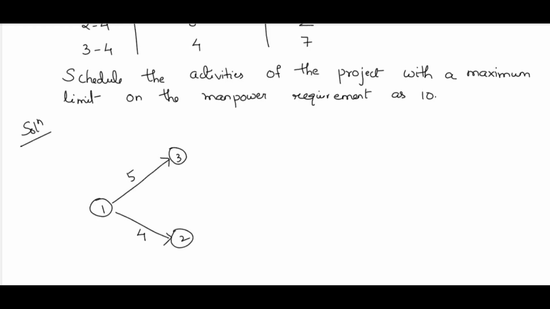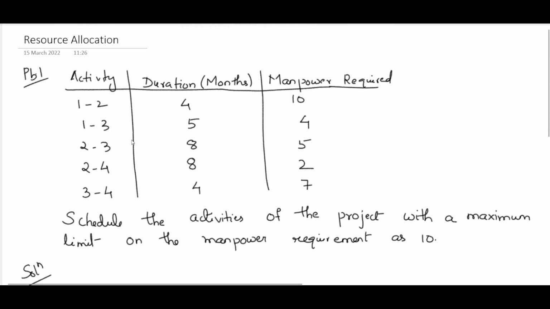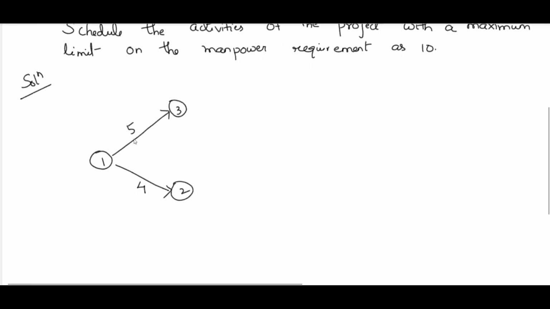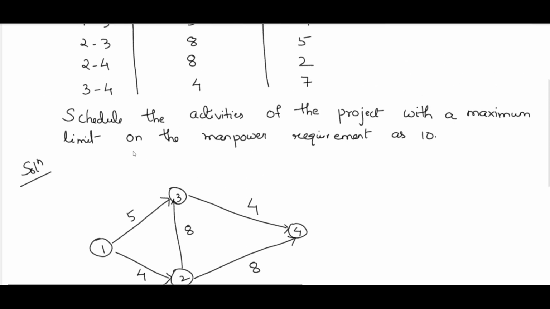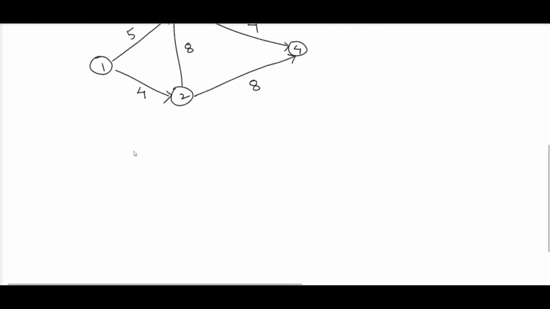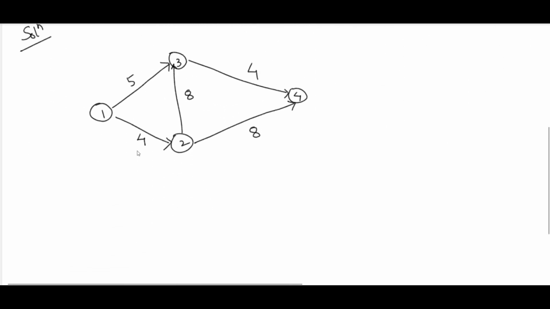This is the time, as in the network we always give the time. Then 2, 3 takes 8 months. Then 3, 4 takes 4 months. Then 2, 4 takes 8 months. So I think we have completed the network: 1, 2, 3, 4. Till now we have not used any manpower data.